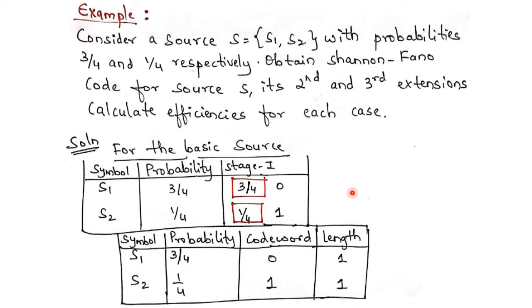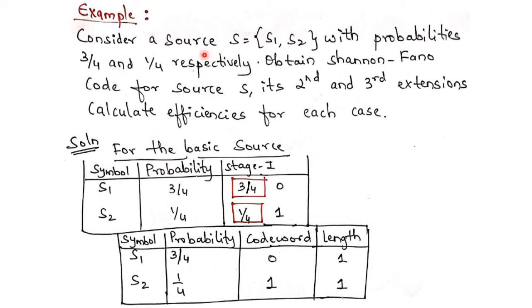First we need to arrange the probabilities in decreasing order and then group the probabilities into two sets such that the sum of probabilities in both these sets is almost equal, and we need to assign 0 to the first group and assign 1 to the second group, and this step has to be repeated till no further division is possible.